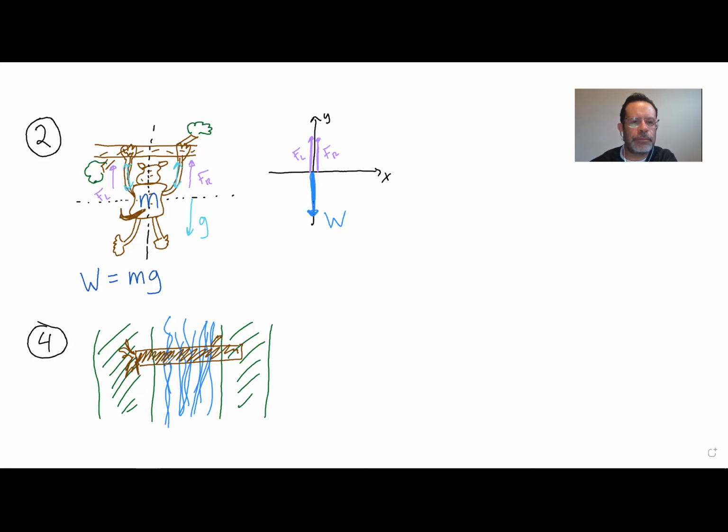Trees have branches. That's how we know they're trees. So the tree is falling here, and it is creating a bridge. And we want to represent the free body diagram of this.